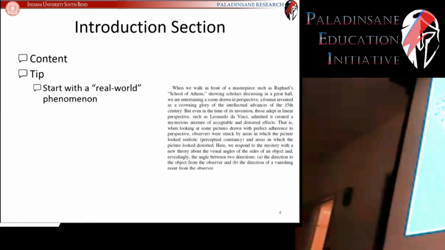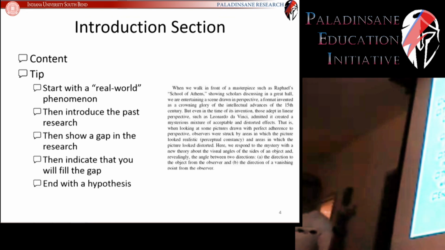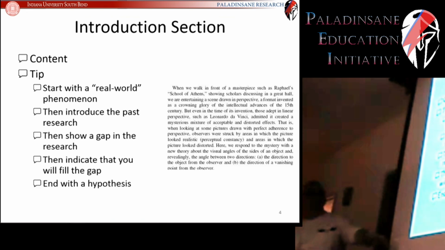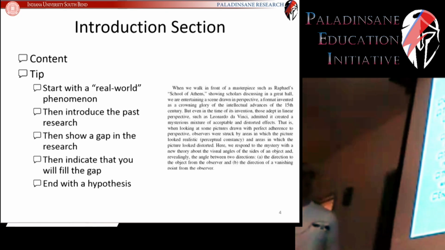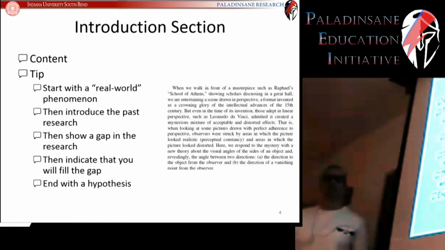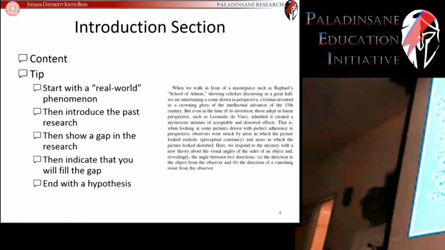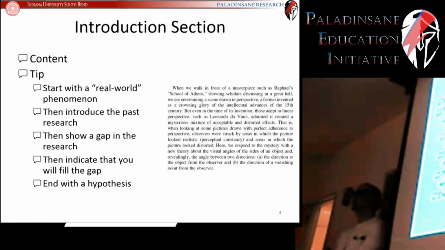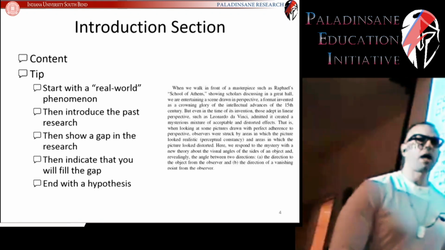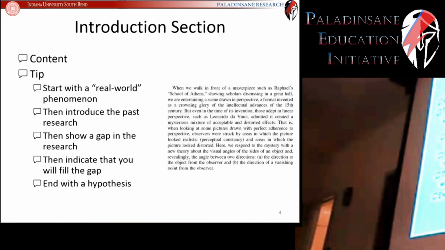So when you're doing your introduction section, this is your outline. Make sure that you are hitting all 5 of these issues. Start with that real world phenomenon. There are points for this, and it is amazing how many students don't do it. This is your way of allowing the reader to understand what you are going to be telling them, without filling it with a lot of technical jargon right off the bat.